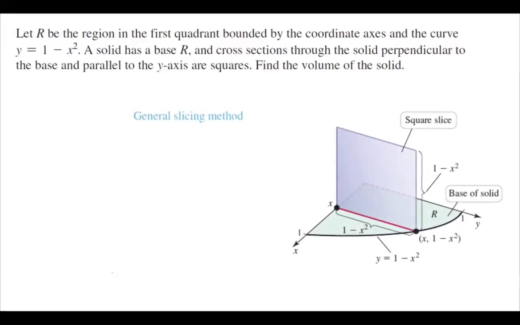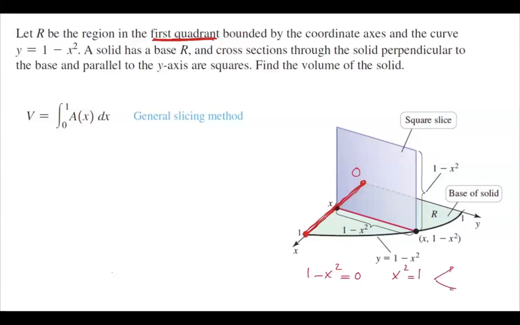So the general slicing method says the volume is the definite integral, but here x ranges between 0 and 1. It doesn't go further to the other side because we are in the first quadrant. So x starts from 0 and stops at 1 because if you set 1 minus x squared equal to 0, x squared is 1.